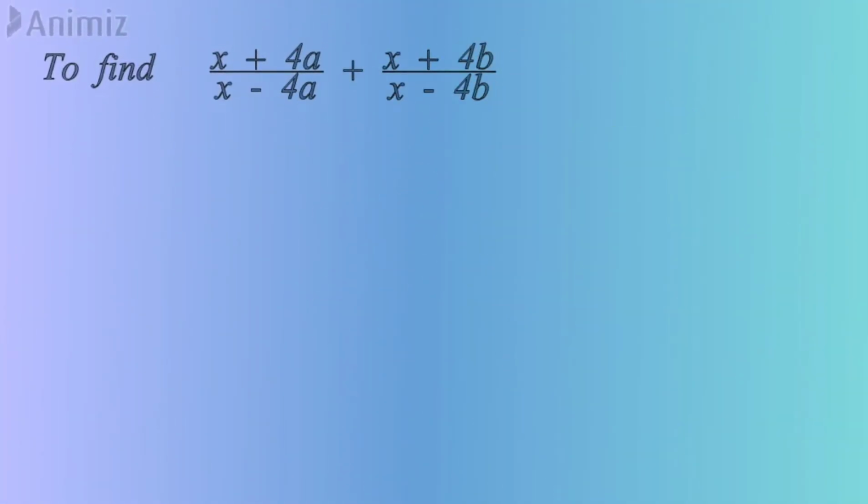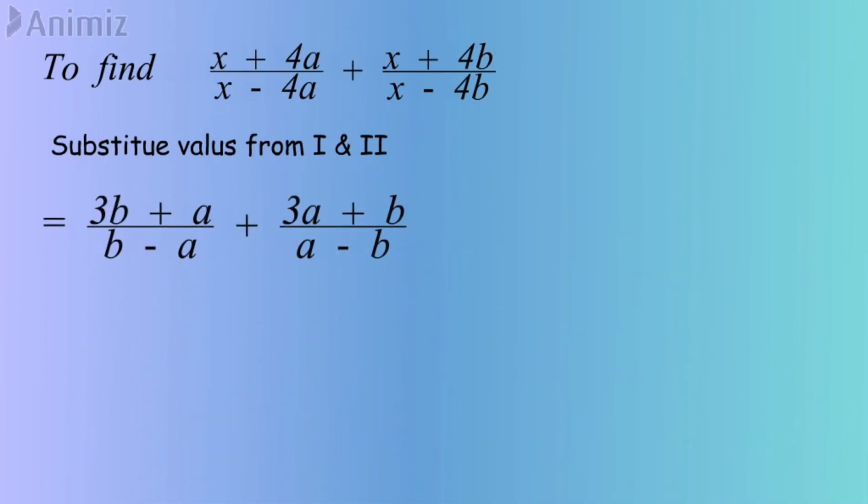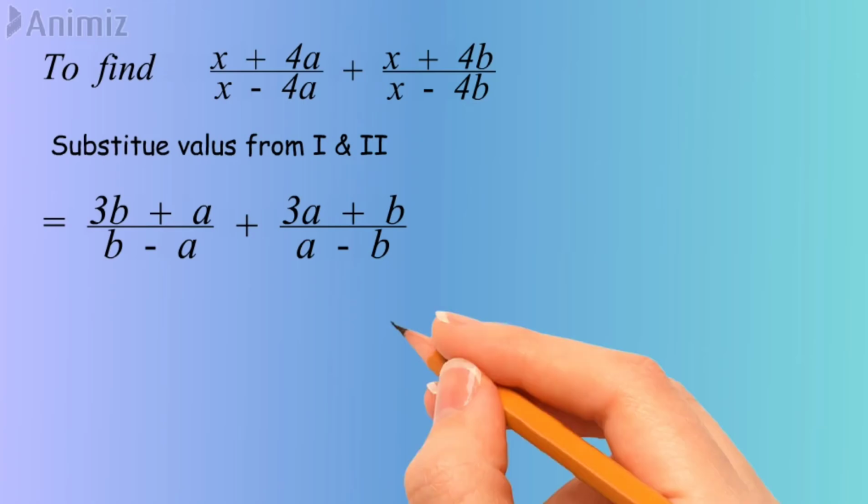Students, you have to find the value of x plus 4a upon x minus 4a plus x plus 4b upon x minus 4b. Substitute these values from part 1 and part 2 which we have already solved. On substituting the values, you will get this. Again, just observe the second denominator is reversed. When you reverse this a minus b as b minus a, the in-between sign will be minus.